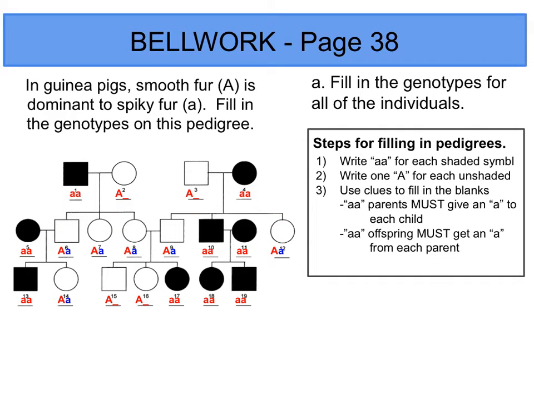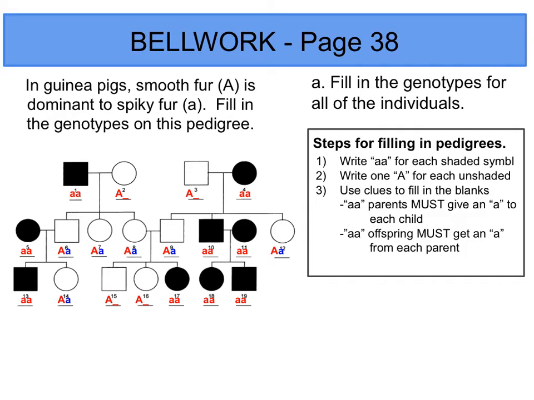All right, so this is where we are now. And we're ready to move on to our last stage, which says little a offspring must get a little a from each parent. So what is that all about, and what does that mean? Well, if we look at a child, we might be able to move backwards and fill in for parents.